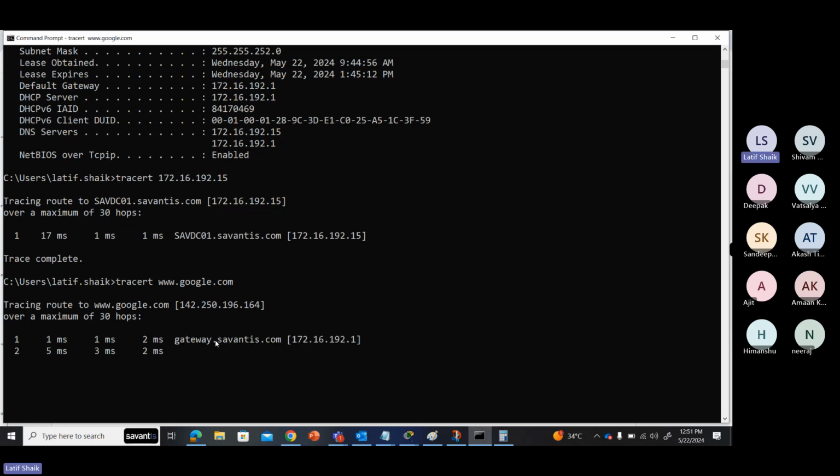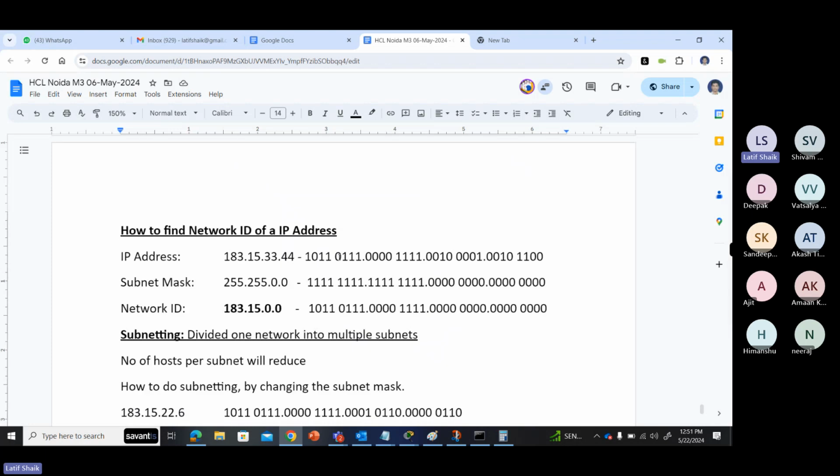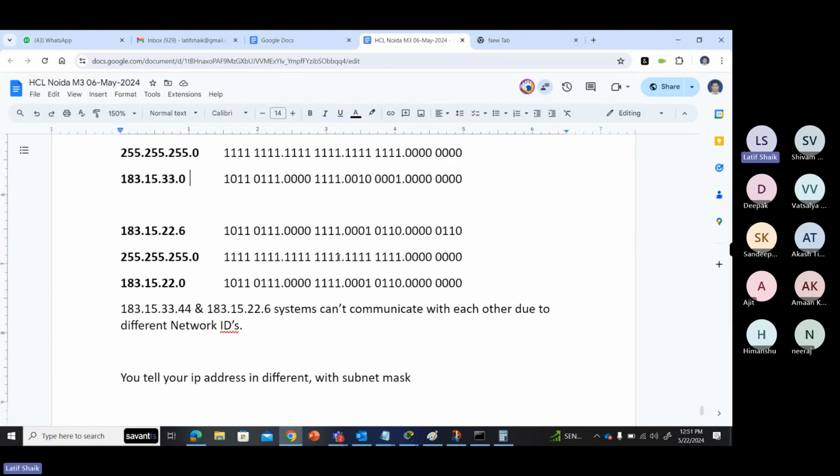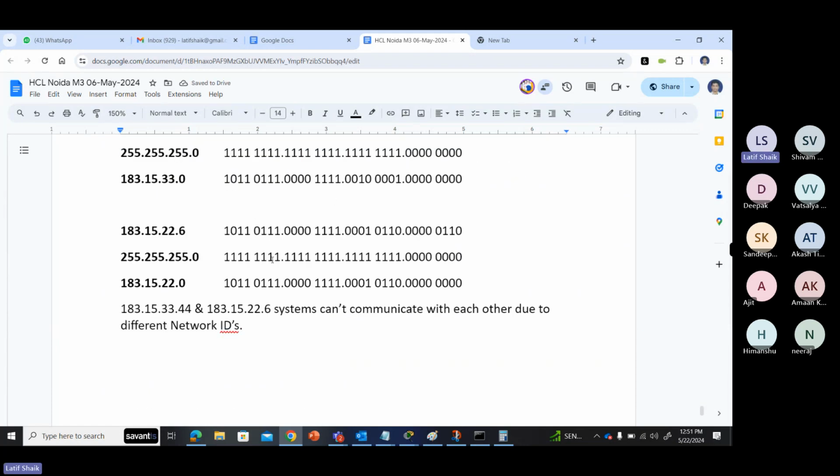The router acts like a default gateway. First it goes to the gateway, then it tries to reach the destination. Understand, guys? Default gateway means when you are communicating outside of your network, we need a default gateway.